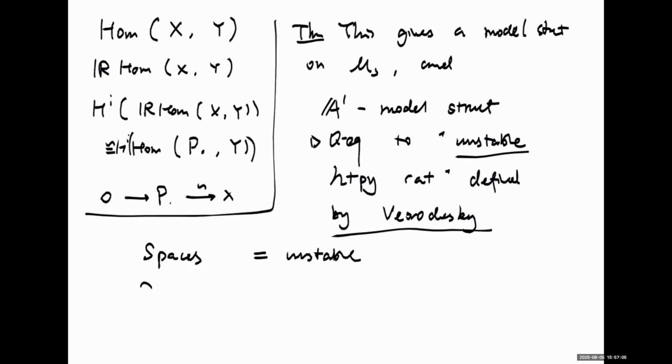If we have spectra, this is equivalent to saying this is stable. And stable is again saying like the linearization of the unstable one.